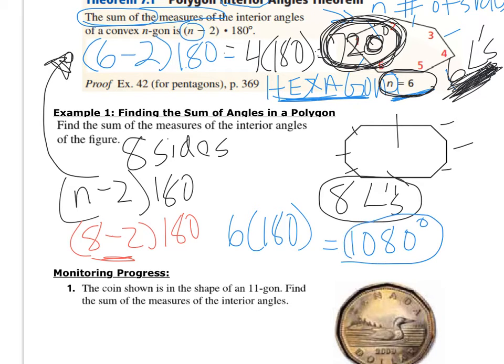Again, that represents that all 8 of the angles in this object must add up to 1,080 degrees. So what I want you guys to do is go ahead and do monitoring progress number 1. I will point out a couple things.